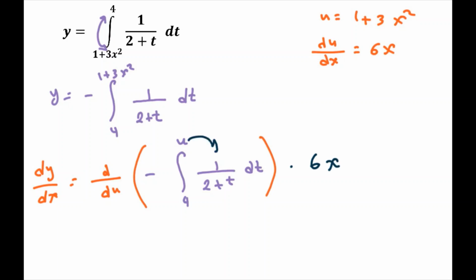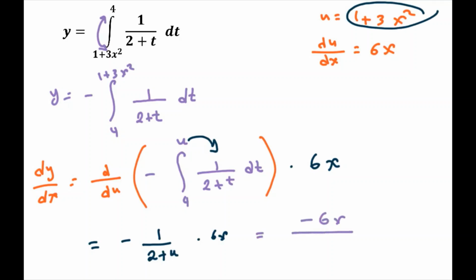Now I'm going to plug u inside, so that's going to be equal to negative 1 over 2 plus u, multiplied by 6x, and we need to go back and write u as 1 plus 3x squared. So that's going to be negative 6x over 2 plus 1 plus 3x squared, which is equal to negative 6x over 3 plus 3x squared.